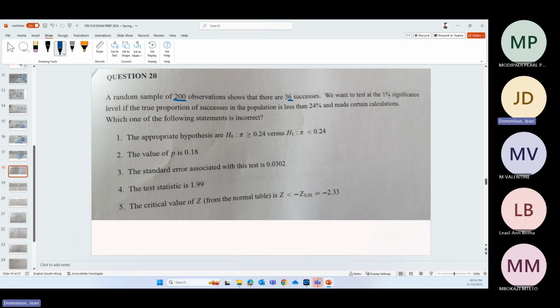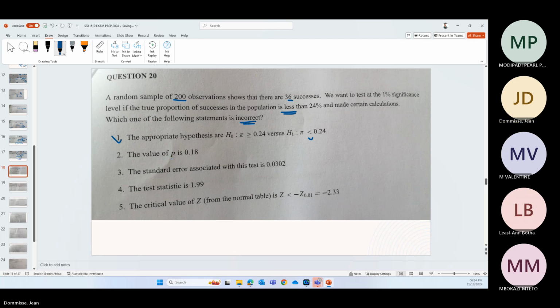We want to test at the 1% significance level if a true proportion of successes in the sample is less than. Okay, so that is correct. If that is less than, the alternative or the null hypothesis is correct. So that is correct. We're looking for the incorrect one.